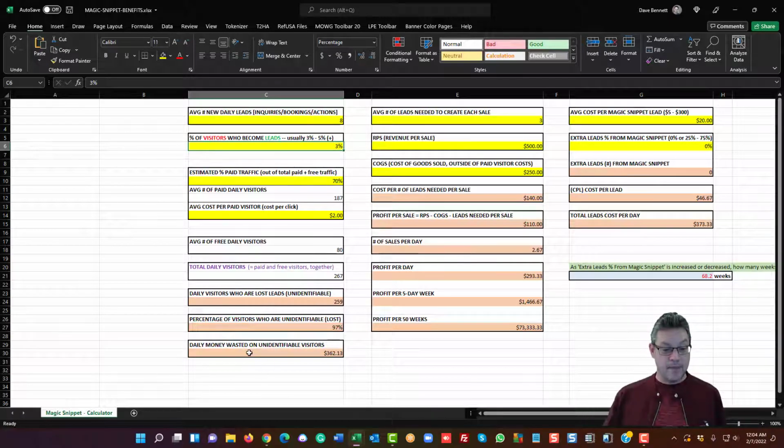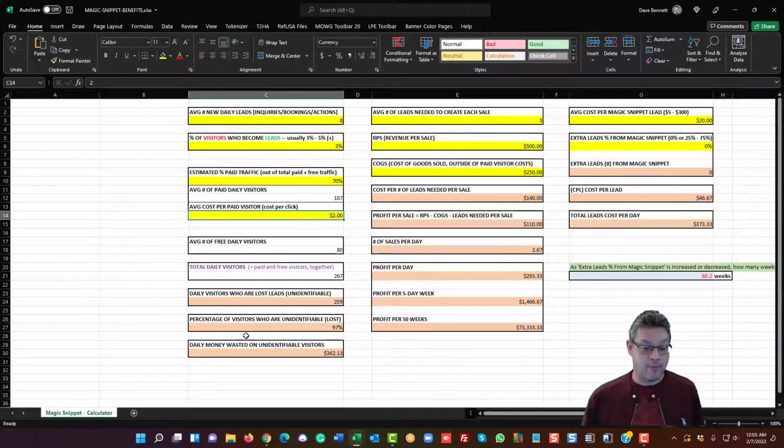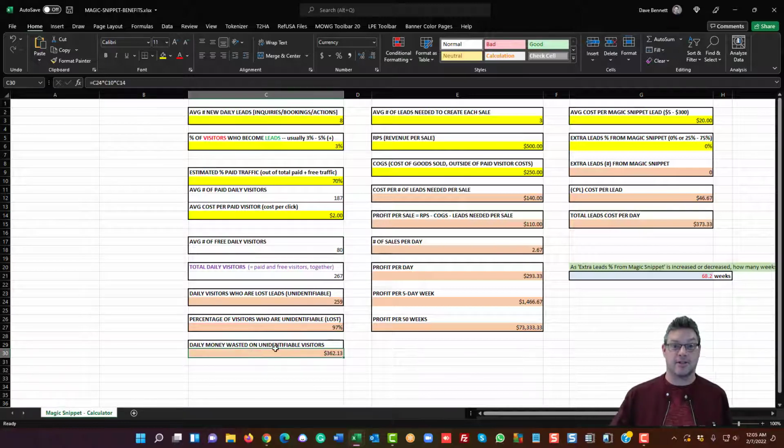So the daily money wasted on unidentifiable visitors, in other words, if you could have it your own way, you just would not have paid for those guys to come to your website since they did not click on anything. They just walked away. That's $362 in this example, okay, of paying $2 per visitor, right? That would be $362.13 lost every day, okay?